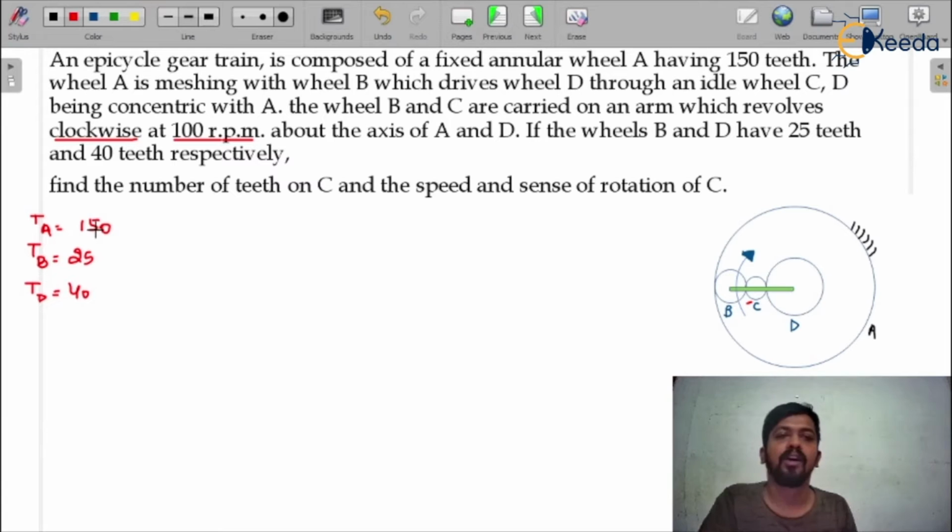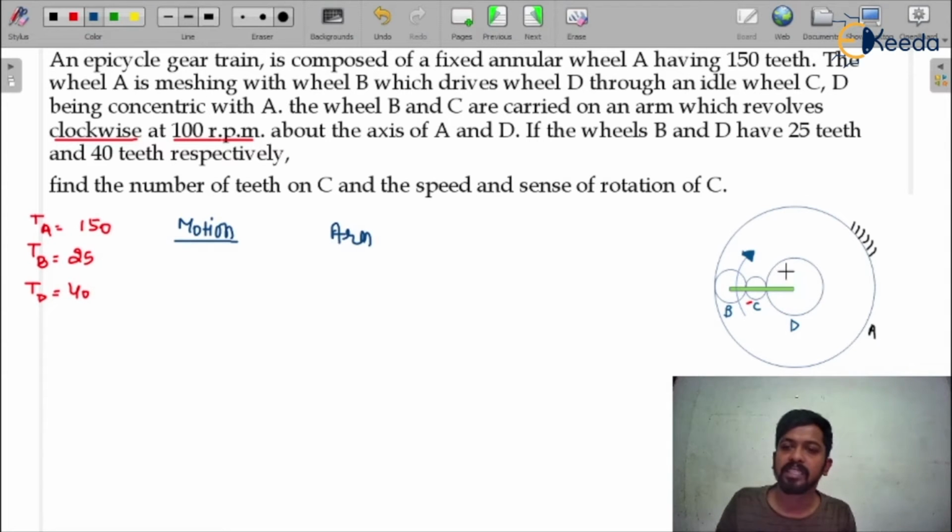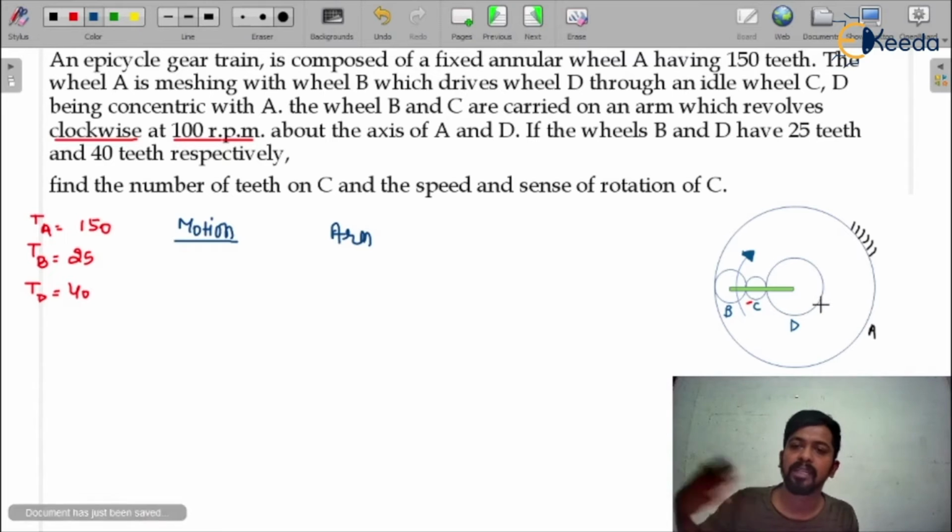Now, in the epicyclic gear train, we all know that we just draw the table. This is the general table, this is the motion, and there is an arm. Since the gear A is fixed and the gear D is a sun gear, which is the center one, sometimes it is smallest, sometimes it is not.